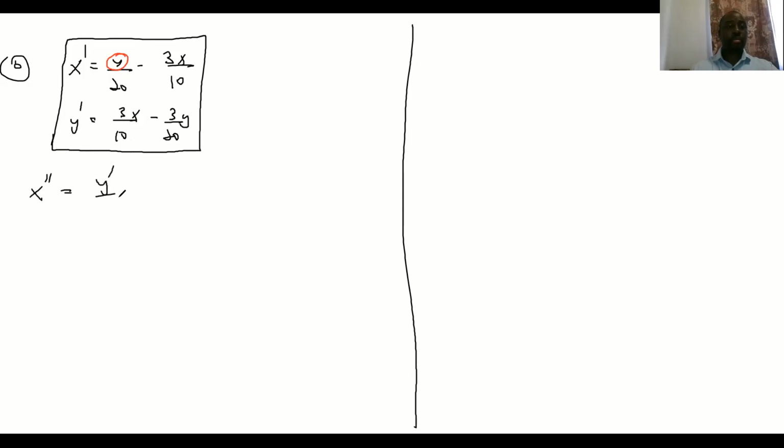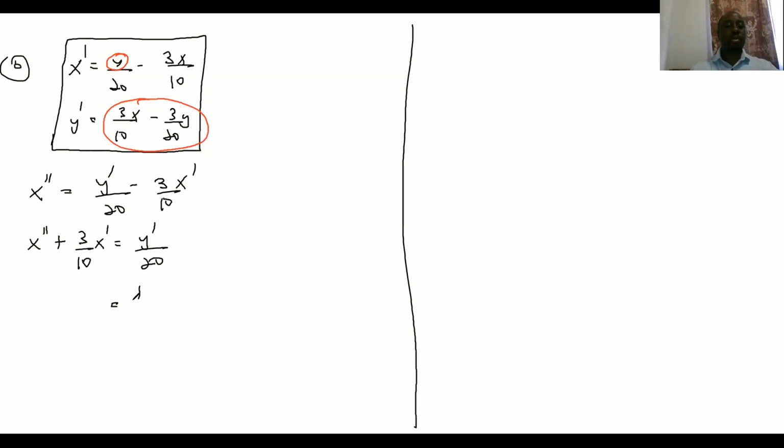This is y prime over 20 minus 3 over 10 x prime. So I have x double prime plus 3 over 10 x prime is y prime over 20. And then I have an equation for y prime here, so I'm going to make that substitution.